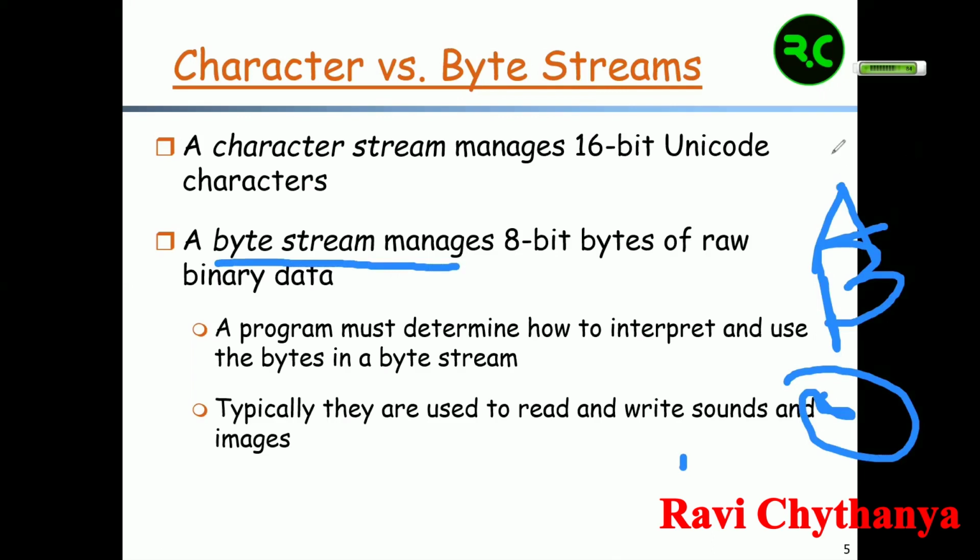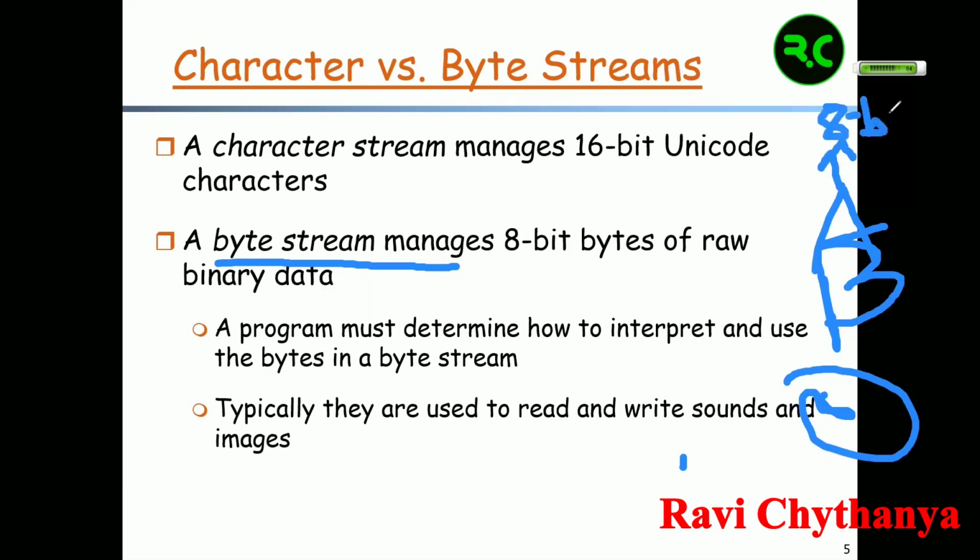So here the A is going to be stored in the form of 8-bit data. How many bits is it going to use to store a character A? It is going to have 16-bit. That means to store a character into a stream using a byte stream, it is going to require 2 bytes.